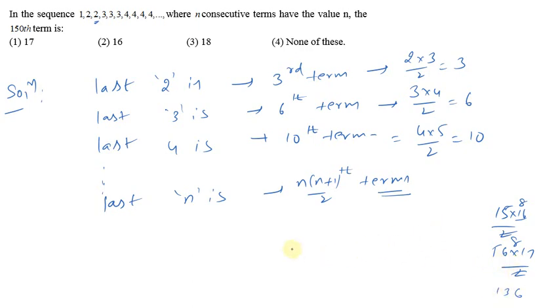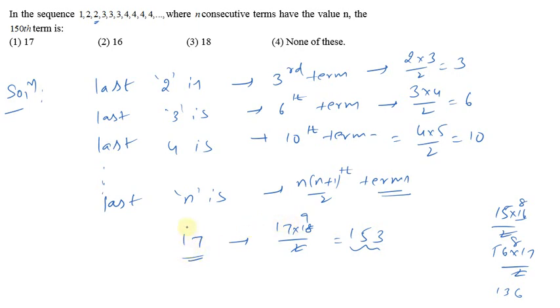You may get 17. Last 17 is how much? 17 into 18 by 2. So how much are you getting? 153. Yes. So last 17 is nothing but the 153rd term.